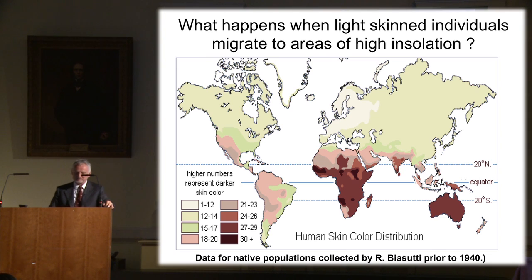Now the question is, what happens if a light-skinned individual migrates to areas of high insolation?